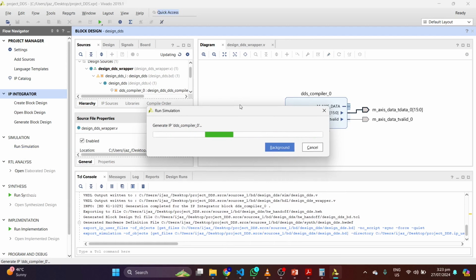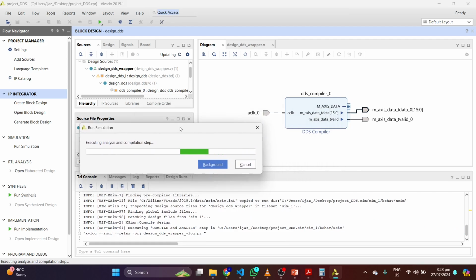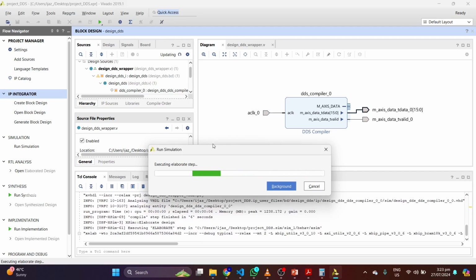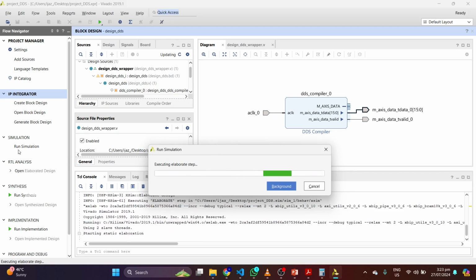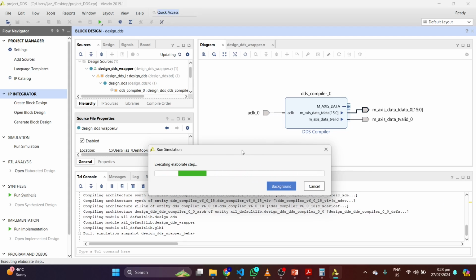Okay, I will just simulate it and put the force clock instead of writing the test bench of this module. I will show the test bench as well, but just to show you these features as well, I will simulate it first like this.